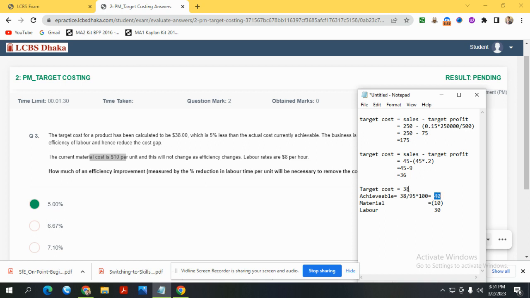So to bring 40 down to 38, because that is our target, what must I bring the labor cost down to? To 28. So if it's 28, basically I need to reduce $2 from labor. Okay? To reduce that, what percent improvement in efficiency do we need? So improvement in efficiency.